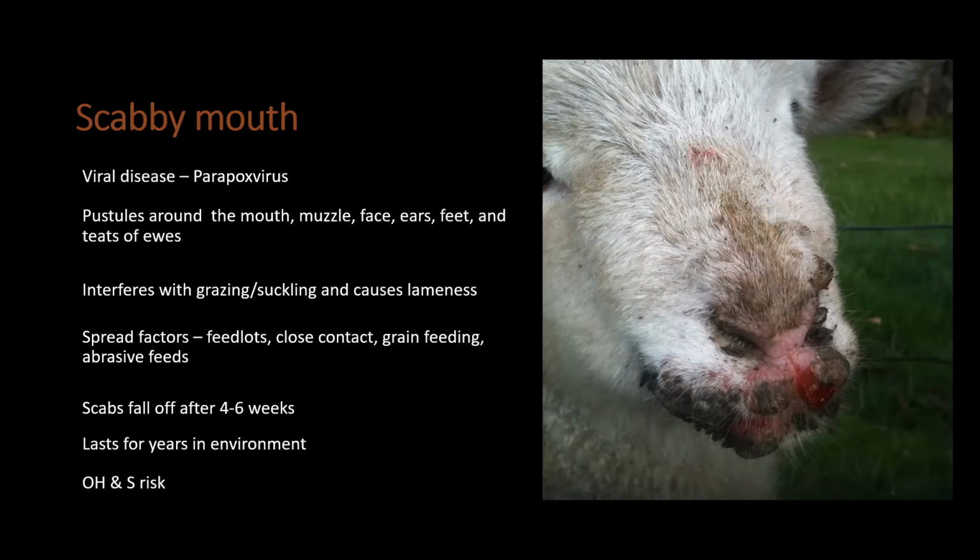We also see abrasive feeds trigger outbreaks, so this can be in the summer months if lambs are grazing on stubbles or if there's quite a bit of thistle or other woody weeds out in a paddock. The virus lasts for years in the environment, so once you have it on farm, you will have it for the rest of your farming career. Additionally, it presents an OH&S risk to people handling sheep, especially crutchers and shearers.